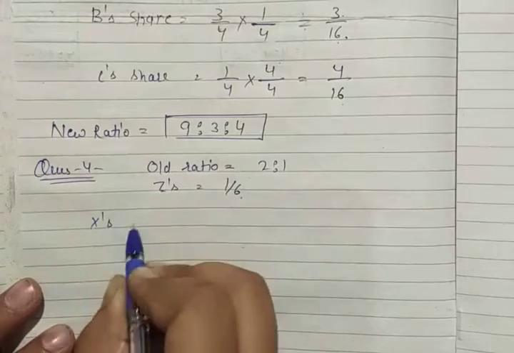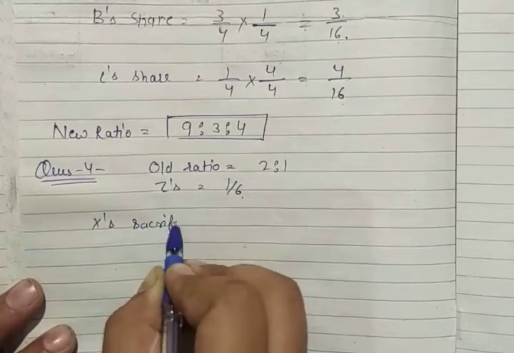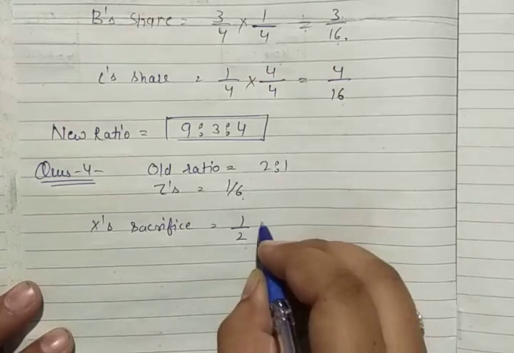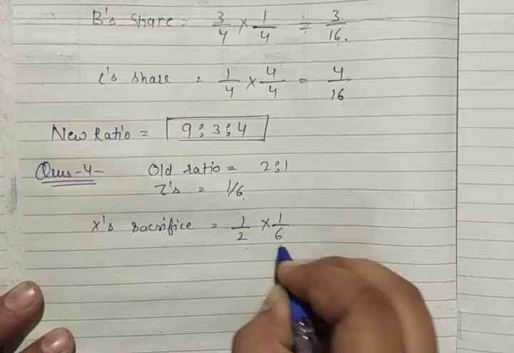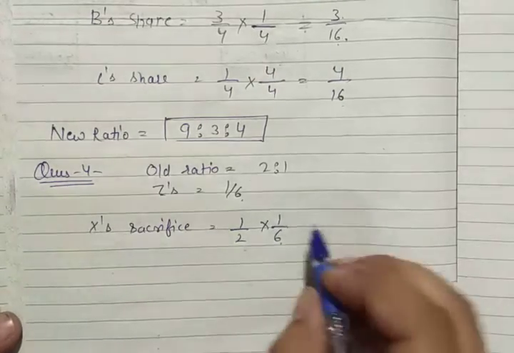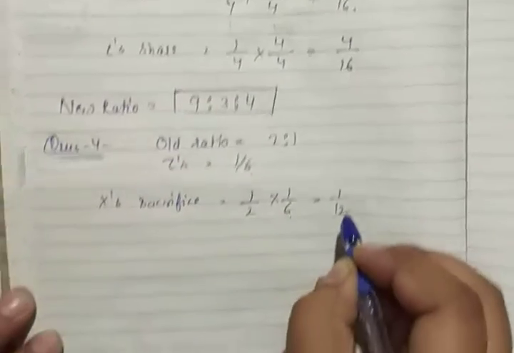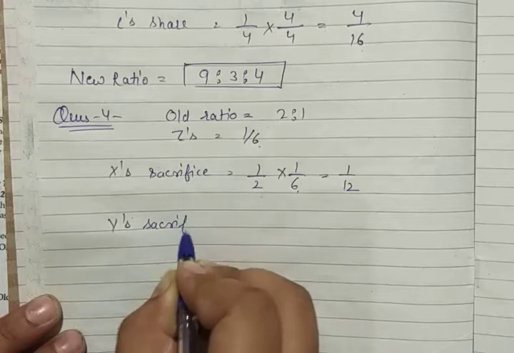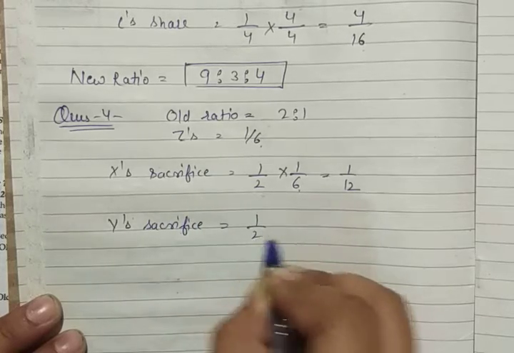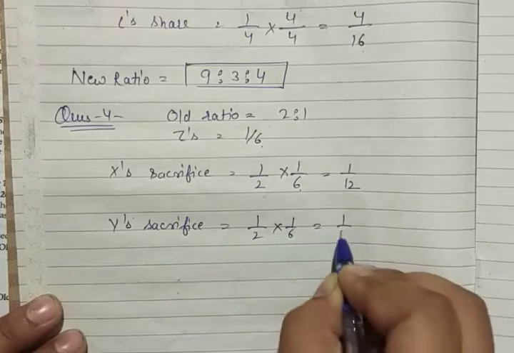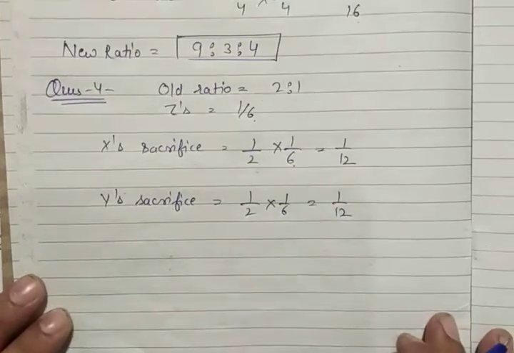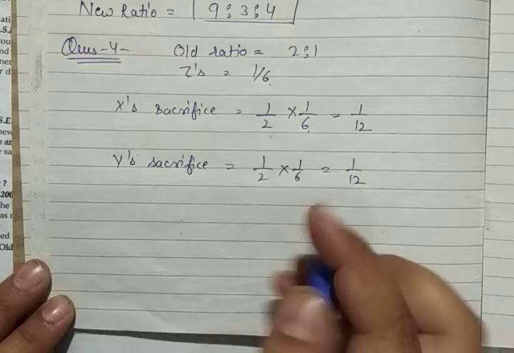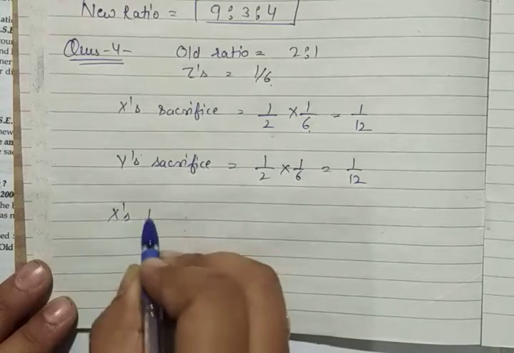So X will be sacrificing half of Z's share, and Z's share is given as 1/6. So how much does it become? It will become 1/12. Similarly for Y, Y's sacrifice is also half of Z's share, that is 1/2 into 1/6 equals 1/12. So this is their sacrificing ratio. This is how much they sacrificed. Now we will find out their new share. X's new share.